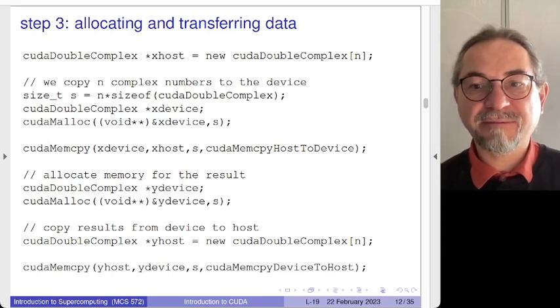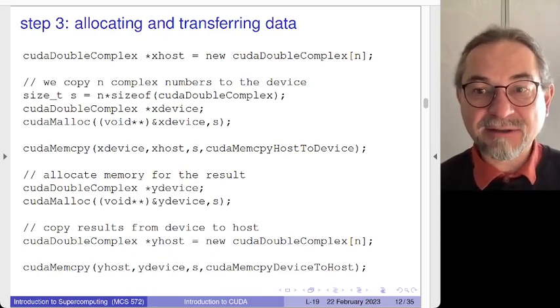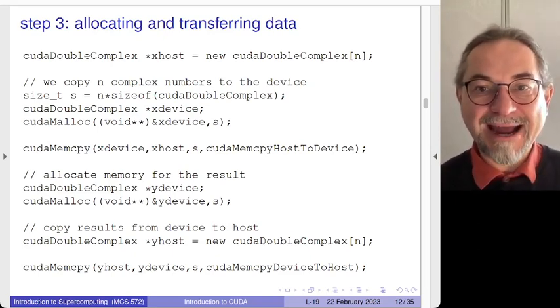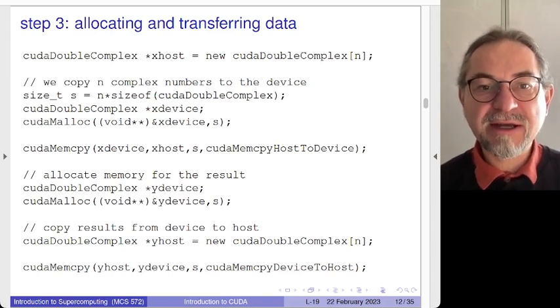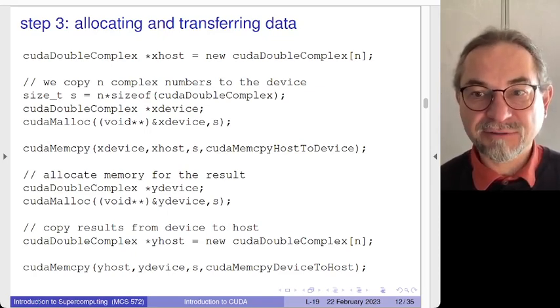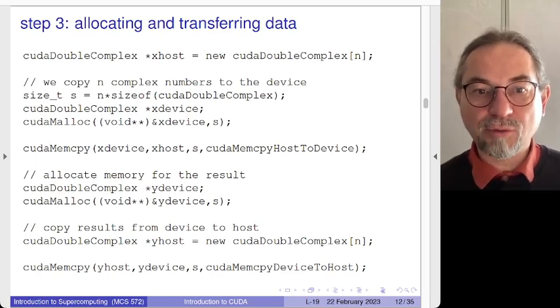So the star in front of them means that the X host is the address of the first number in the array. So we compute the size, and you see we do the CUDA malloc to allocate space on the device. So these are instructions that are defined by the program that will run.